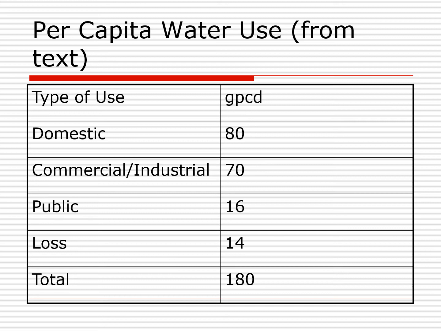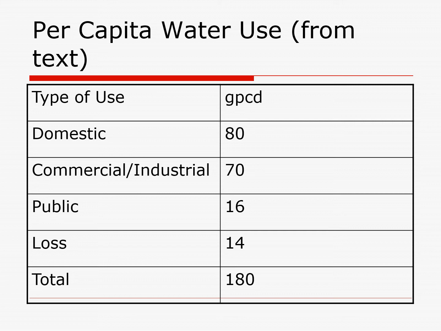So how much water do we tend to use every single day? This chart is from a textbook that is used for our environmental problems class, but it gives you a good way to figure out how much water is being used per day.